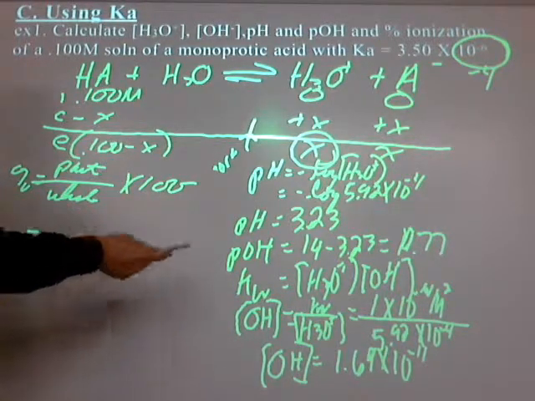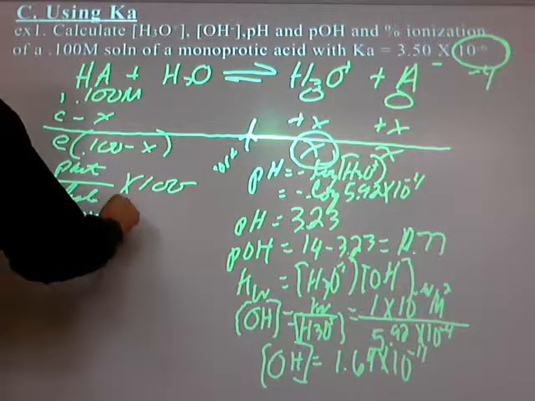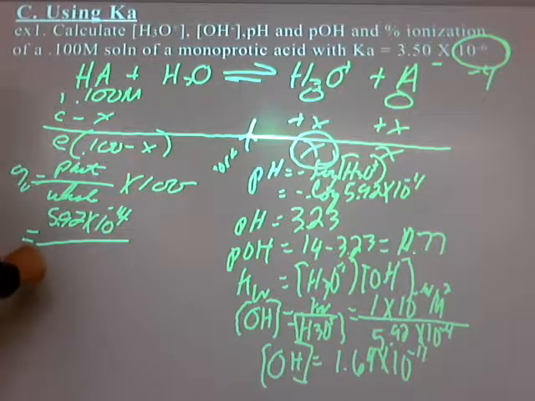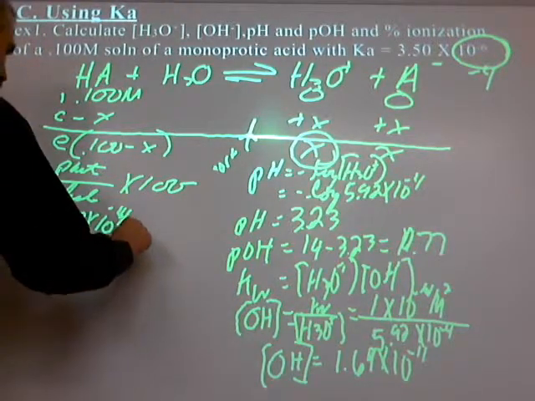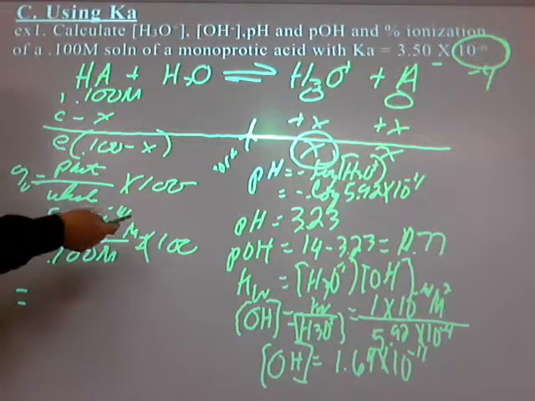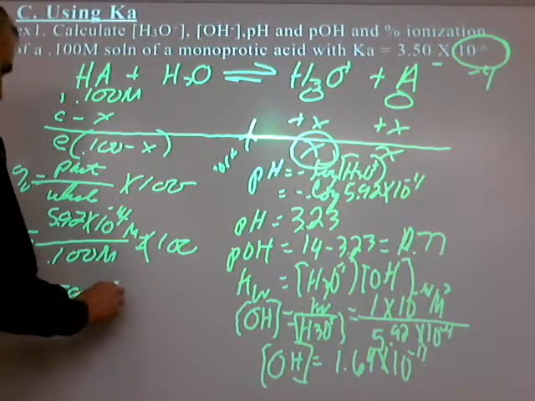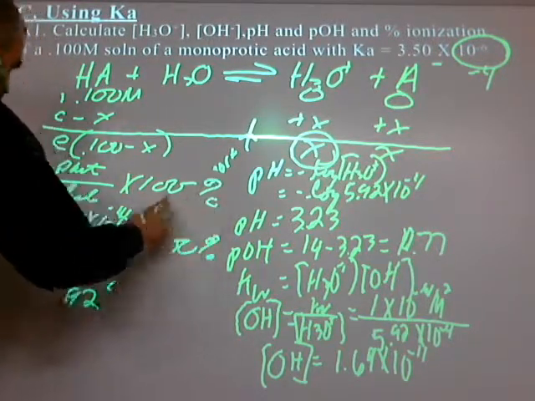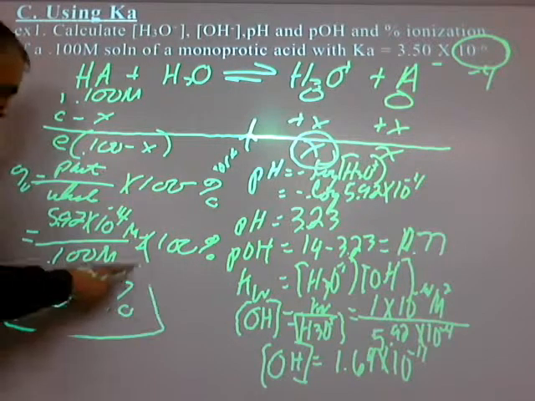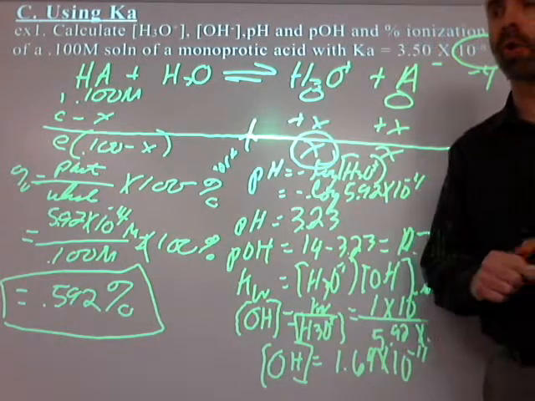So in this case, it's going to be 5.92 times 10 to the negative 4th, over 0.100 molar times 100, and I should get 0.592, right? Okay, so 0.592% broke up. That's a very small amount, but that's not surprising considering it's a weak acid, and by definition, a weak acid doesn't break up a whole heck of a lot in solution.